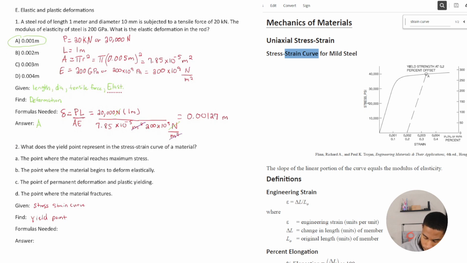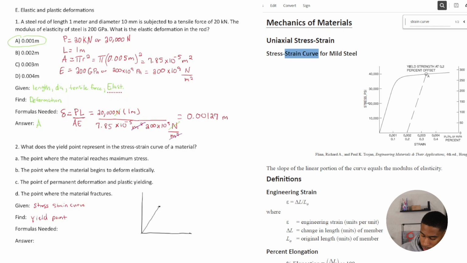But for this one, I'll just go through it really quickly. So you got your stress, you got your strain, and as you increase stress and as you increase strain, there's a point at which this thing begins to yield.